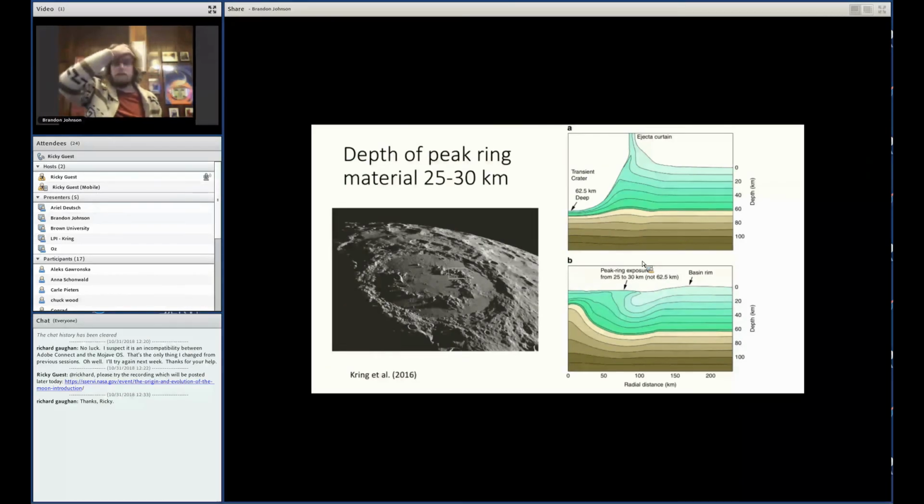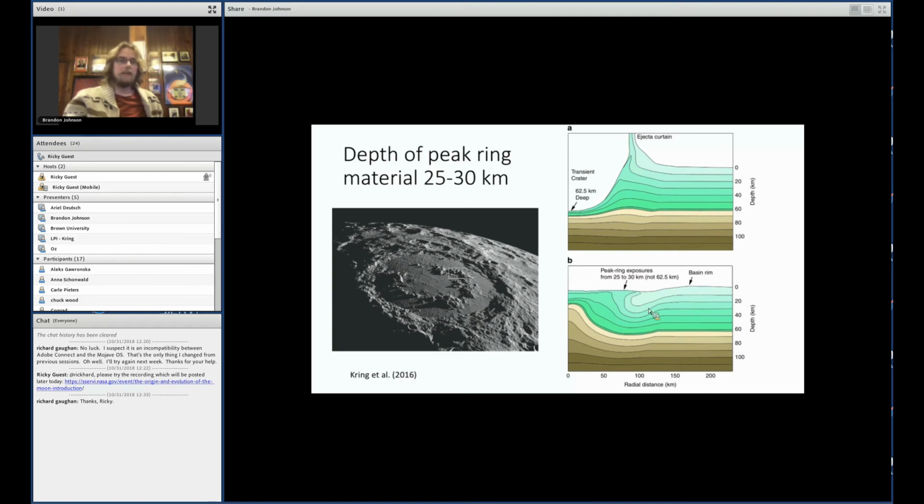And the models of the formation of Schrodinger show, on the right here, the formation of this crater in a simulation, and the material is colored according to its original depth to show you some sort of provenance.